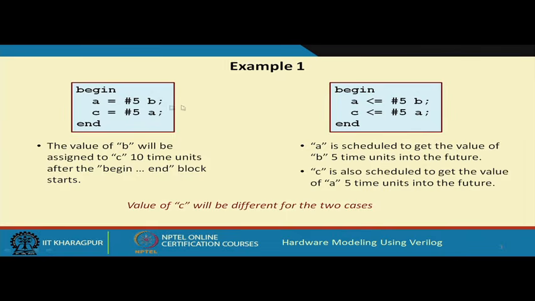There the delay means you evaluate all the right hand sides together, and after how much time you will be assigning it to the left hand side. If you give hash 5, hash 5, hash 5, it means after a delay of 5, all of them will be assigned together. It is not that the delays will be adding up. Okay? So, because of that, for these two cases the final value of c was coming to be different.